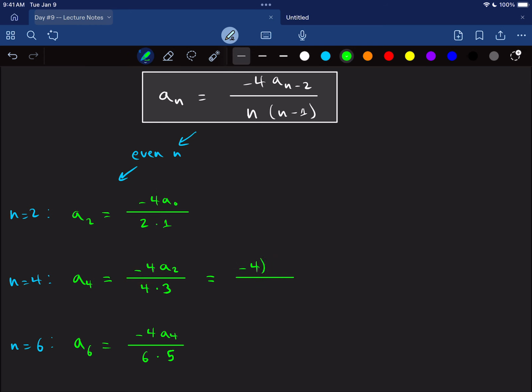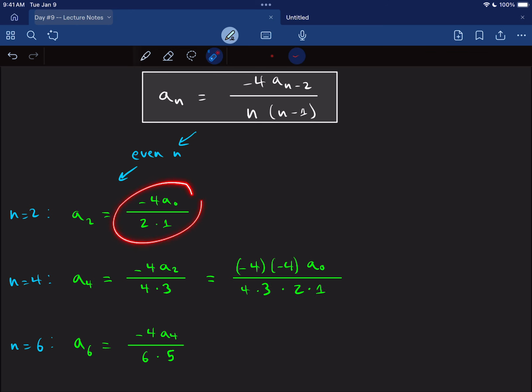I have that negative 4, negative 4, and then I have my a naught, and then I have my 4 times 3 times 2 times 1. And this might be easy. You can see this right here is exactly that, that's just the a2.